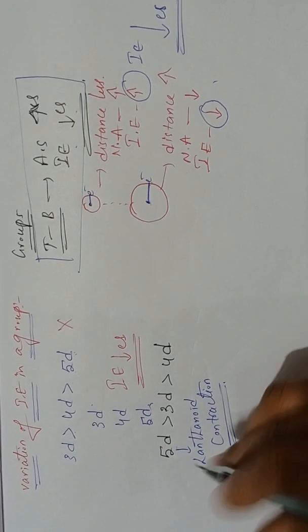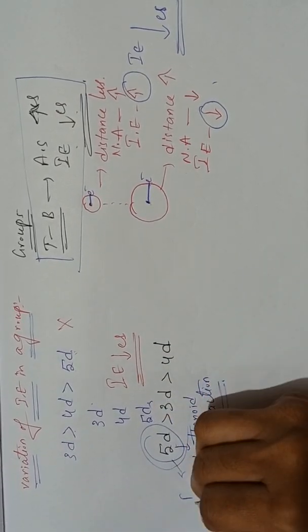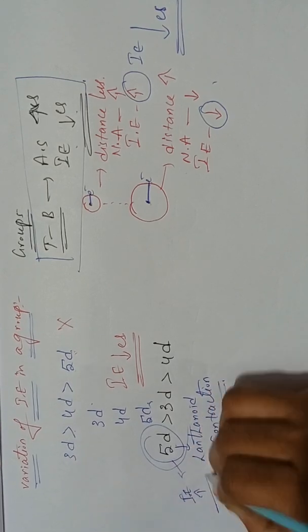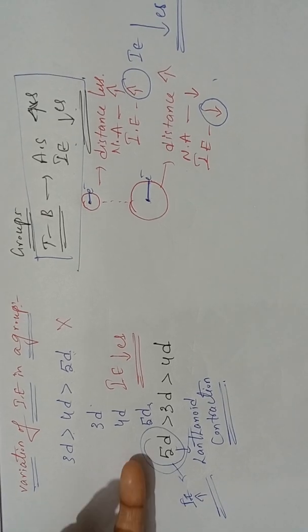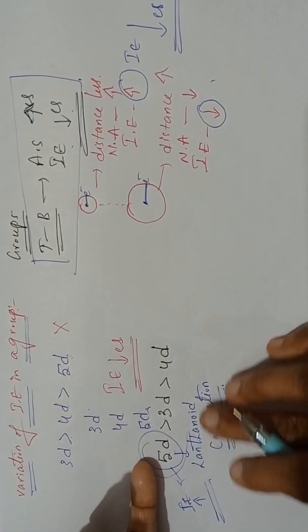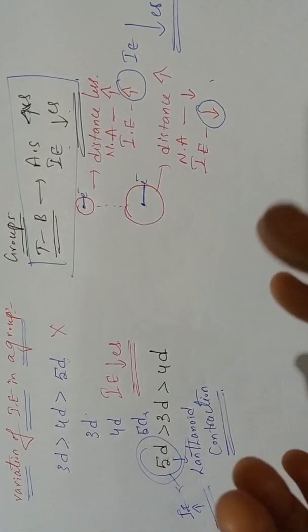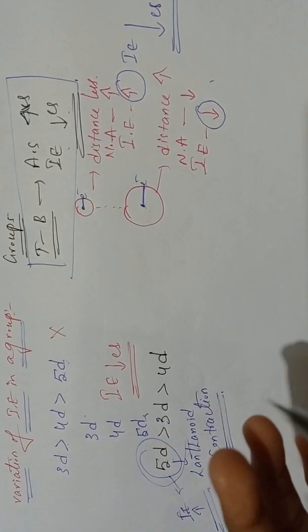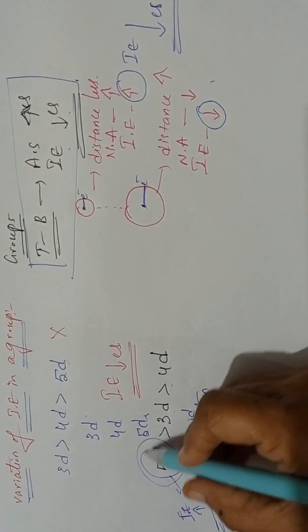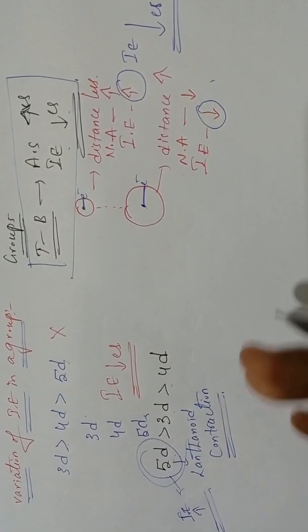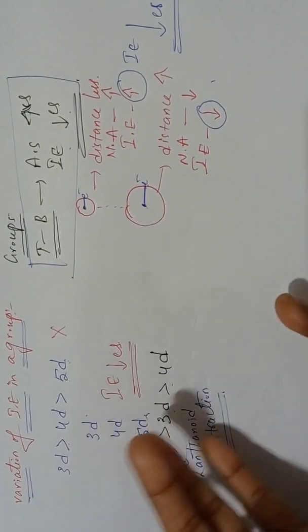In the 5d series, the lanthanoids are there. Because of lanthanoid contraction, atomic size decreases. Atomic size is smaller than 3d and 4d, so that's why its ionization energy is more. Are you clear? So this is the 3d, 4d, 5d series in the case of d-block elements.